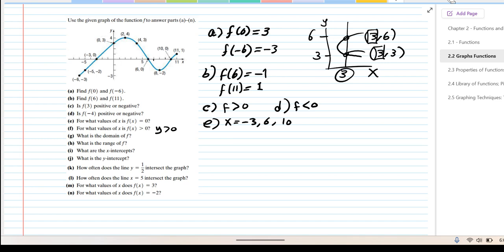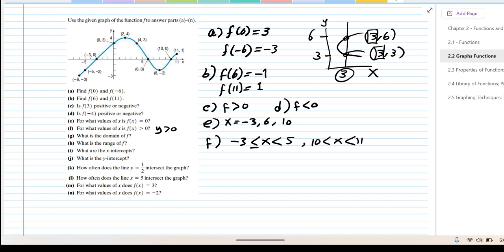Well, to capture this part, looks like in part F, for x between -3 and 5, the function is above the x-axis, and for x between 10 and 11, the function is positive. Okay.